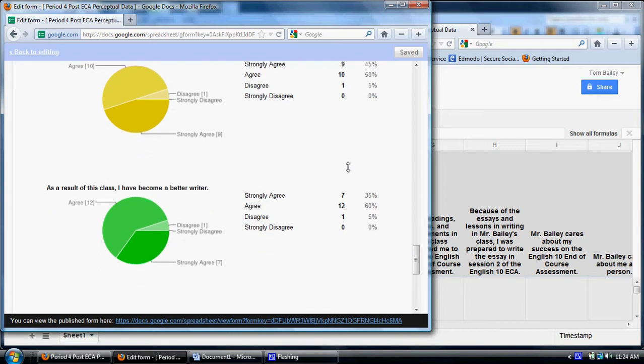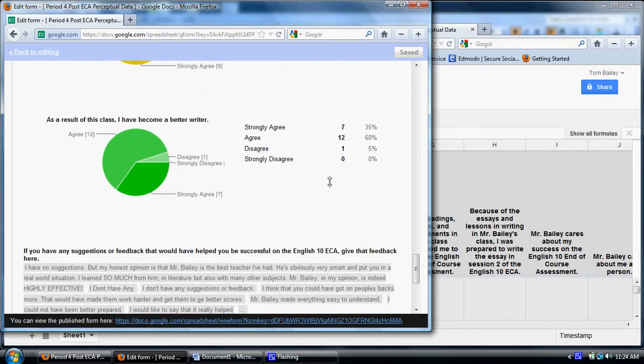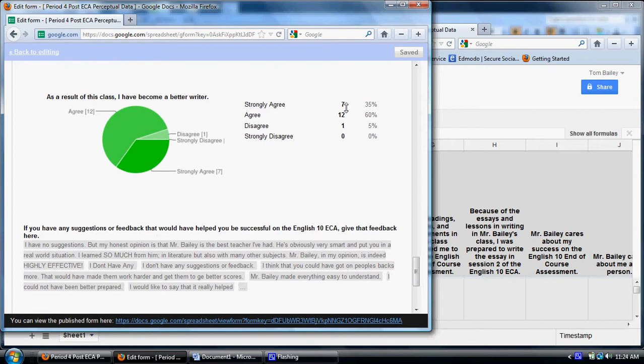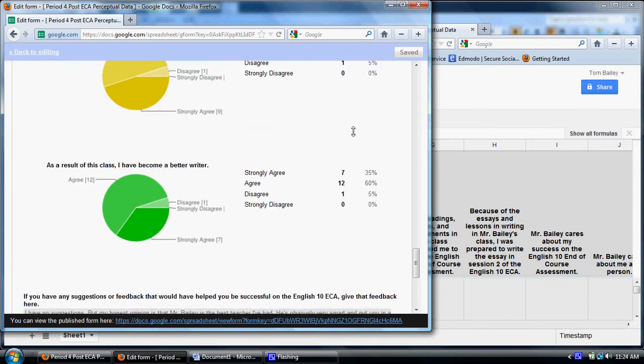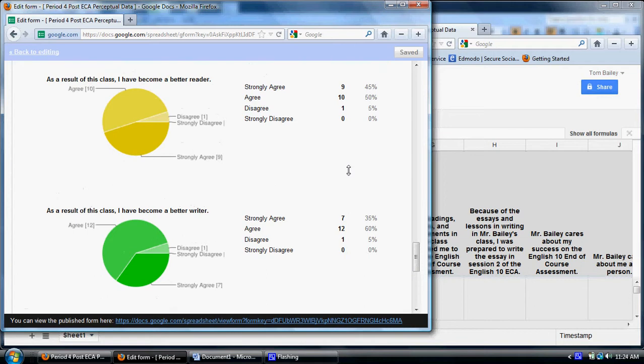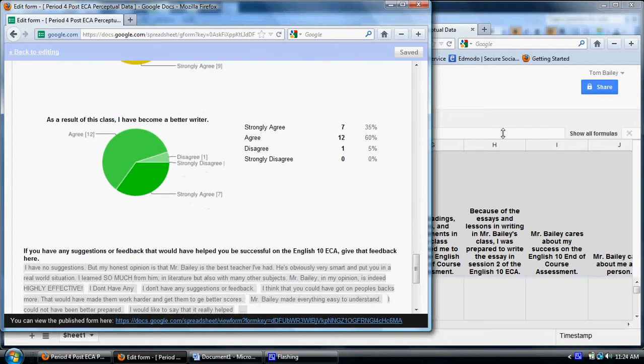But nonetheless, if they perceive that they have improved and gotten better, that is going to translate directly into tangible, observable results on the standardized test. And if we are a results-driven district or school, if we can control perception, that means we can somehow control and enhance the outcomes that we're looking for.